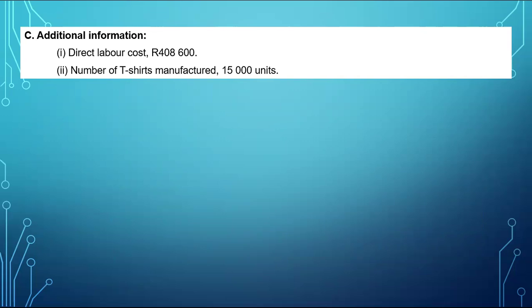However, that Roman figure number 2, where they say number of t-shirts manufactured was 15,000 units. And since that is the actual number of t-shirts produced, I need to figure out how much raw materials was used to produce those 15,000 t-shirts.